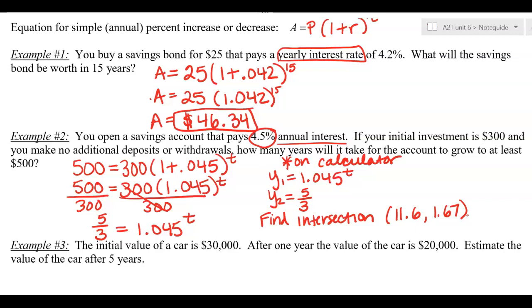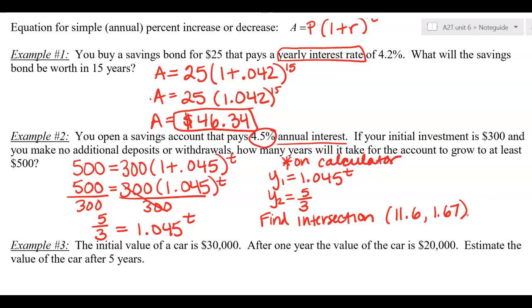Then you have to interpret from this. So this is going to give you the answer. But what part of this is the answer? What were you looking for? Okay, you were looking for the number of years. The number of years for us is t. Was that t an x or a y in our equation where we used it? It's an x.